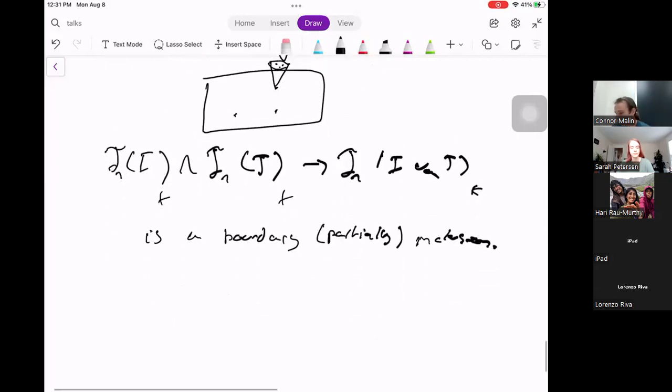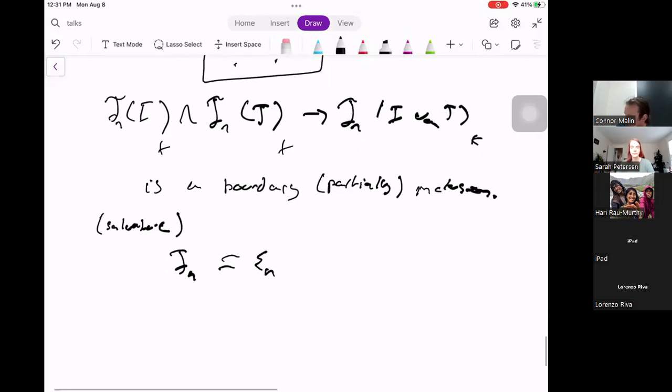So what's the important fact about this? It turns out, and this is proved by Salvatore, that the operad F_n is equivalent to the little disks operad. This is morally true because both of these things are equivalent to configuration space, but the difficulty in operad theory is constructing maps that respect the operad structure.